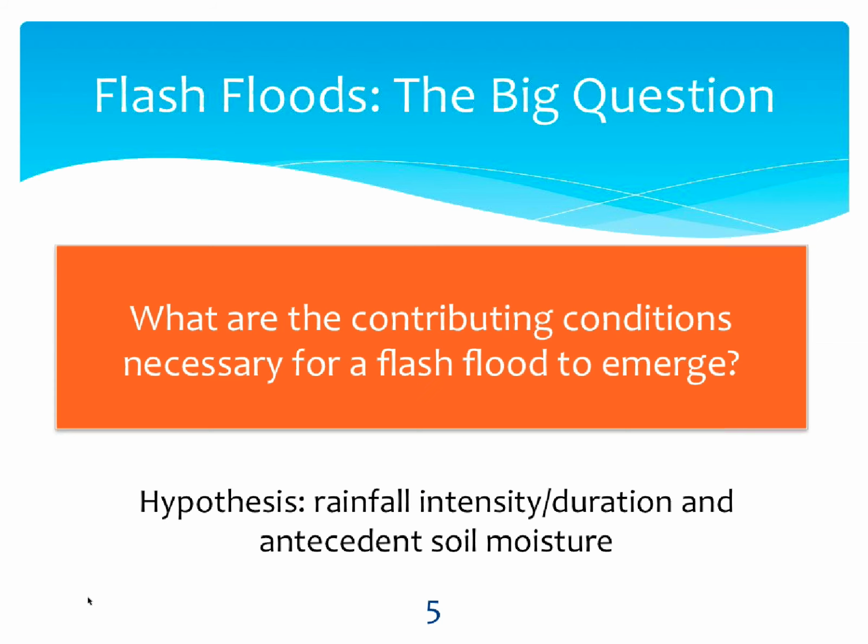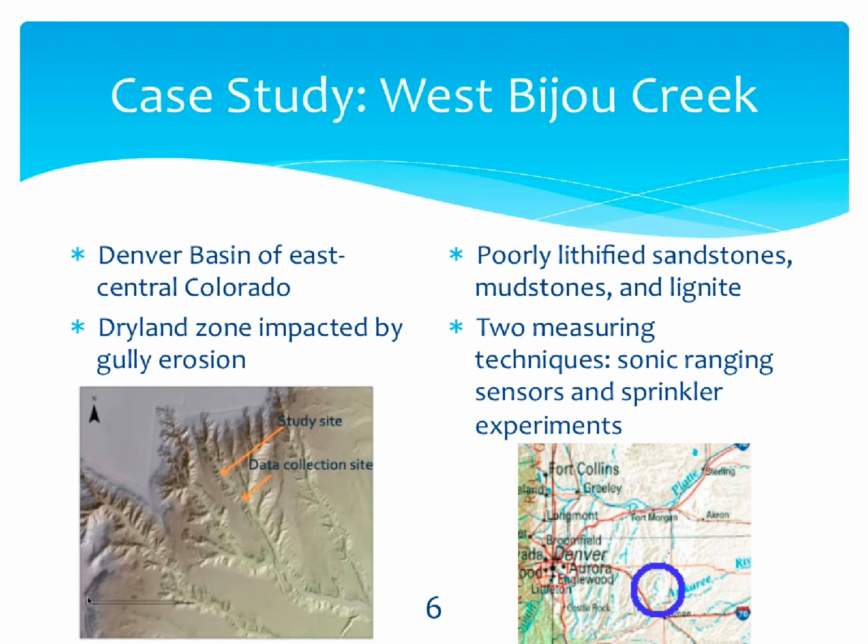My big question throughout this study was: what are the contributing conditions necessary for a flash flood to emerge? My hypothesis was pretty intuitive. I thought rainfall intensity and duration, coupled with antecedent soil moisture as more of a secondary control, would control flash flooding. We chose to study West Bijou Creek, which is a prime example of a dryland area impacted by gully erosion.